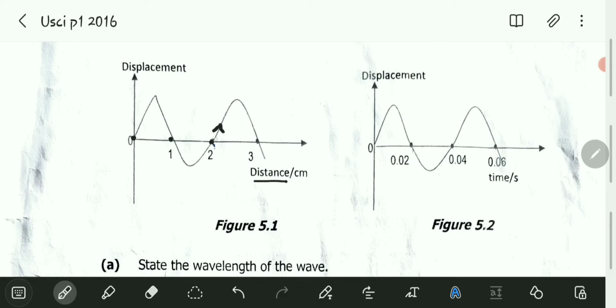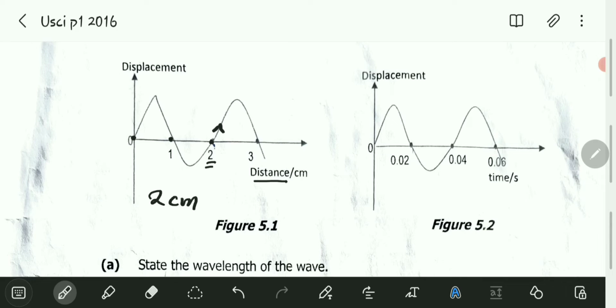So this is one wave. And how long is that single wave? It's 2 centimeters.